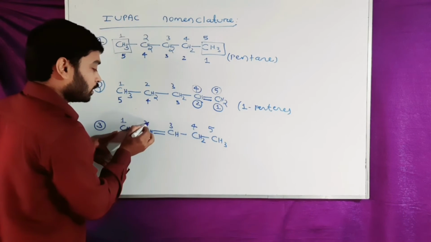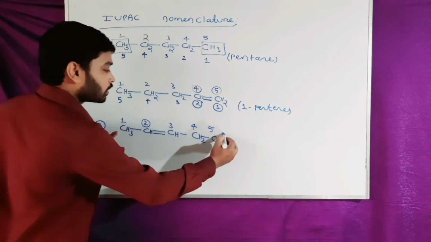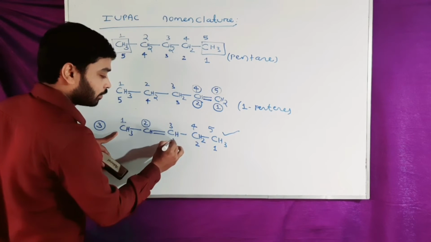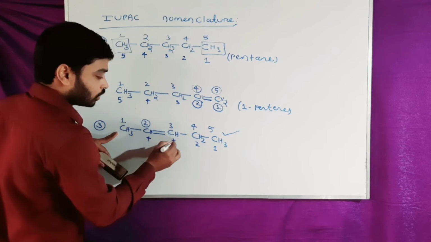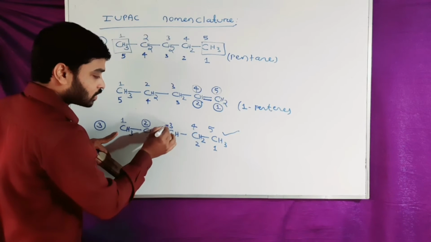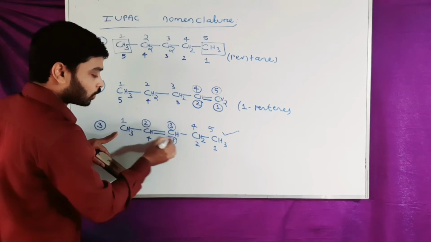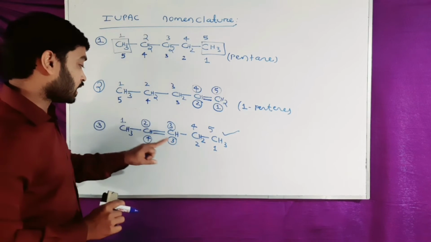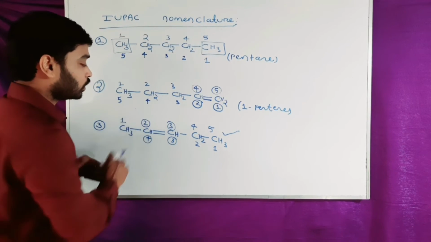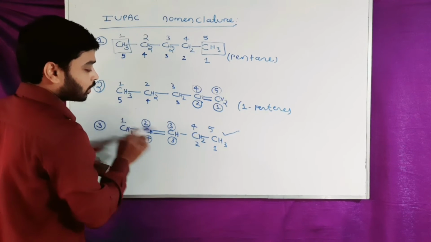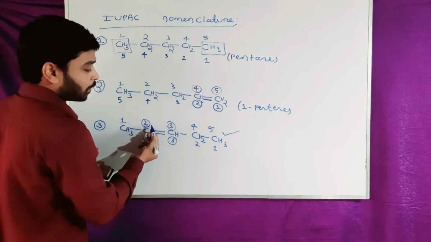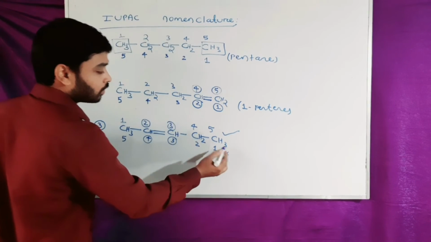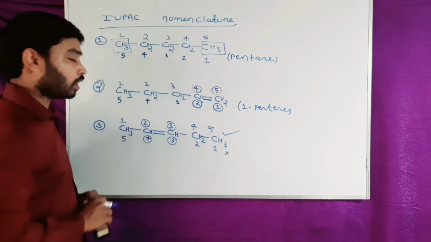If you number from right to left, then the double bond occupies the position 3, but the minimum locant for the double bond is 2. You know that 2 is a lower number than 3, so the proper numbering is left to right. If you do right to left, it will be wrong.